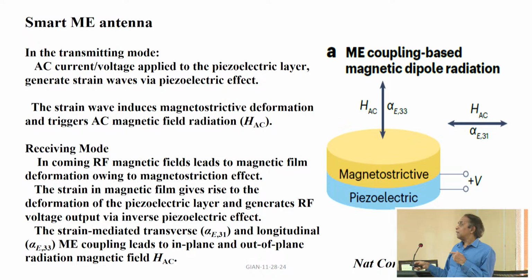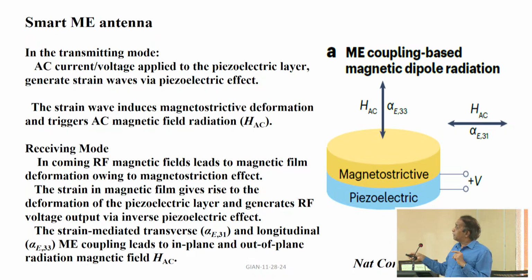Then for the receiving antenna, how does it work? When it receives radio frequency signals, it is in the form of a voltage that is applied to the magnetic medium. So, all the radiation, if you are familiar with electromagnetic waves, has both electric and magnetic components to it, right. They are perpendicular to each other.